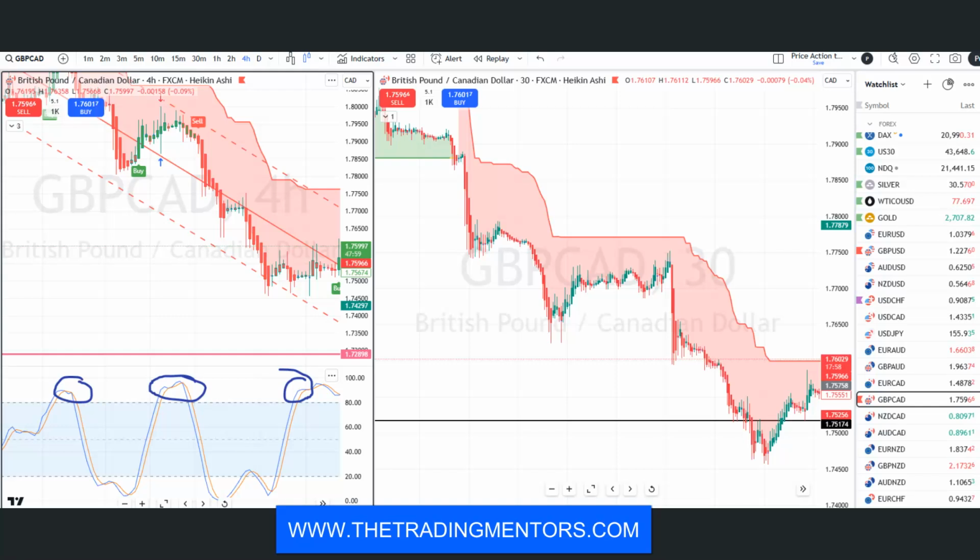That's the first thing to acknowledge: prior to the downward move, the continuation pattern, you are going to get a pullback like this, called a swing trade.